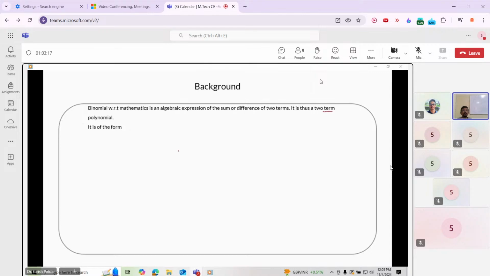And it's basically of the form a x raised to m plus b x raised to n, or it can be x or y also, or I can write it as a x raised to m, for generality, plus b y raised to n.